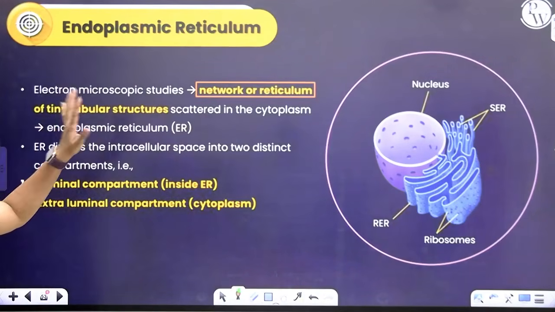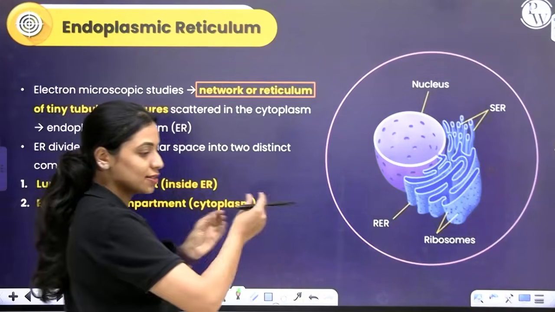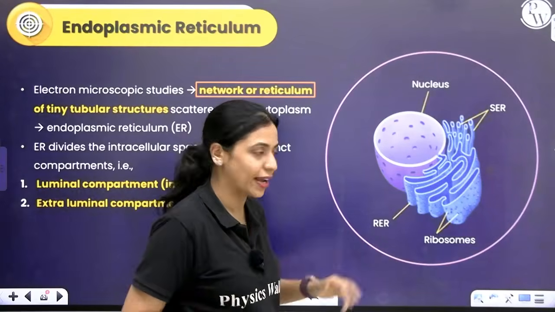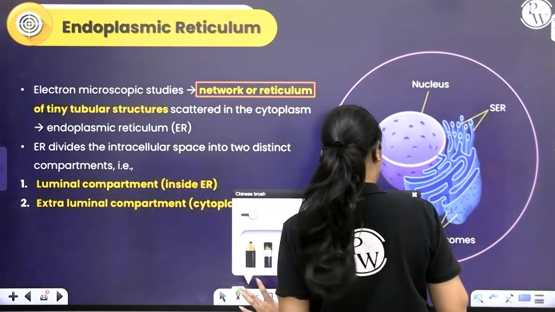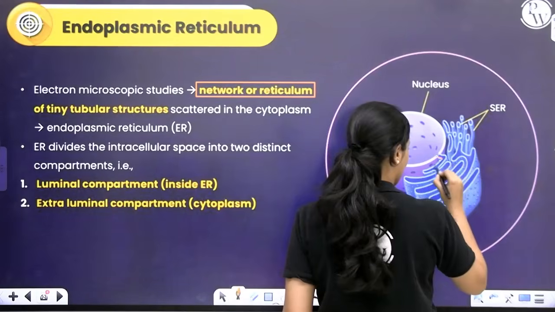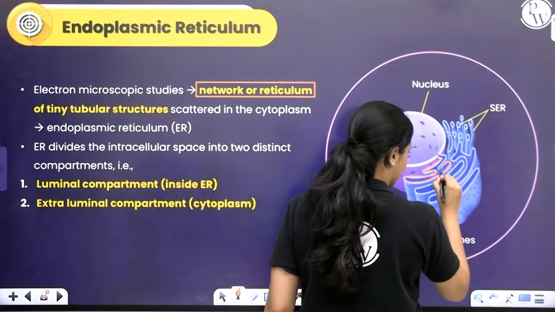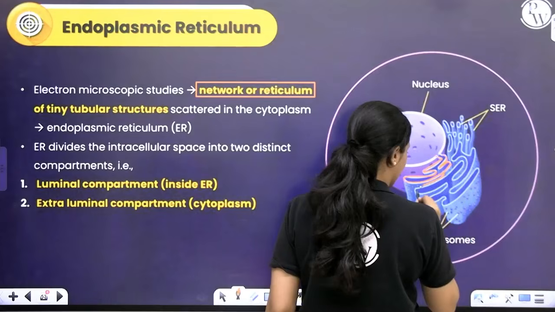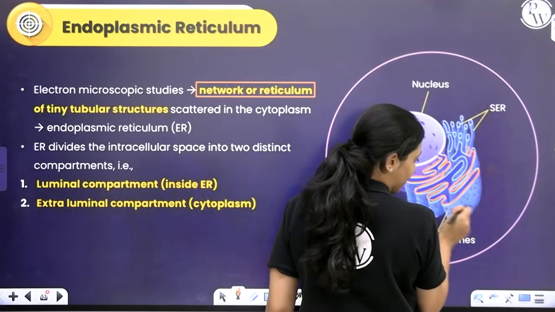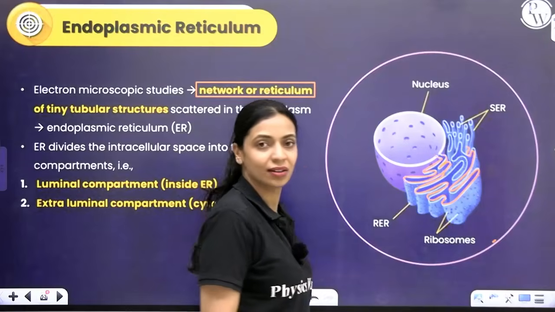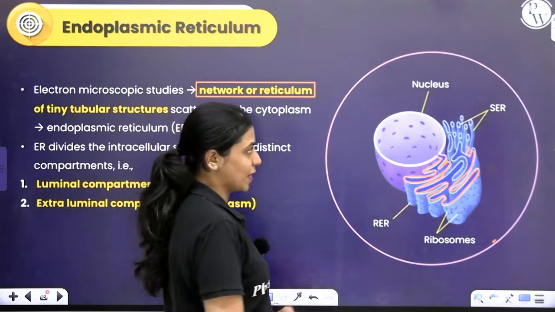The endoplasmic reticulum is nothing but tubular structures that are scattered within the cytoplasm. Generally, it arises from the nucleus. As you can see here, these are extensions that arise from the nucleus like this. And sometimes it goes up until the plasma membrane as well. Basically, this is present in the cytoplasm.